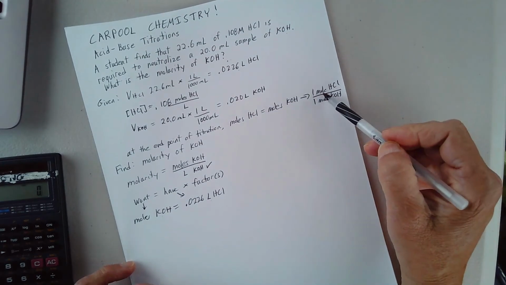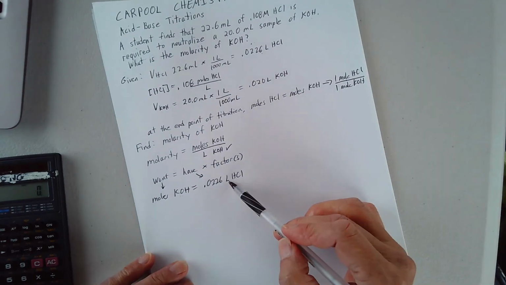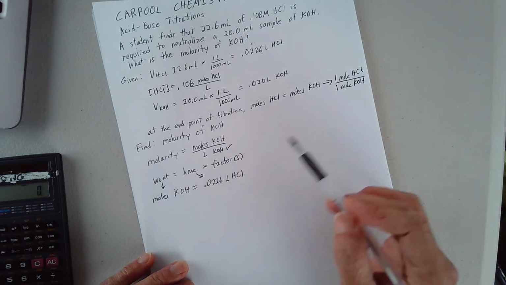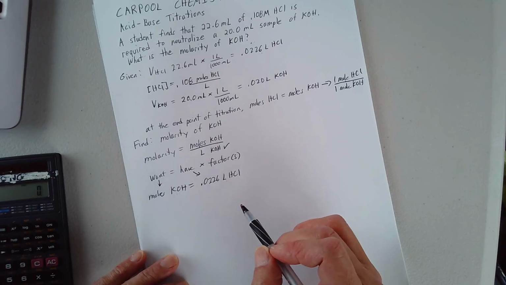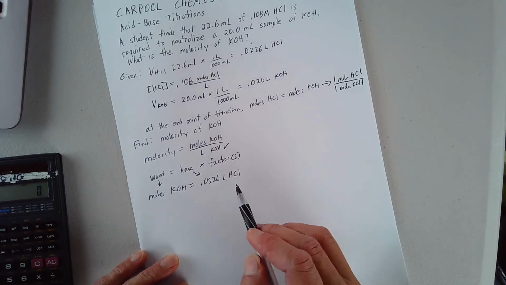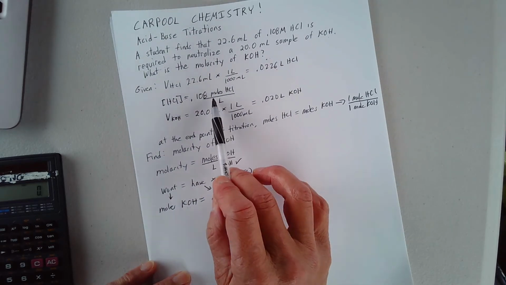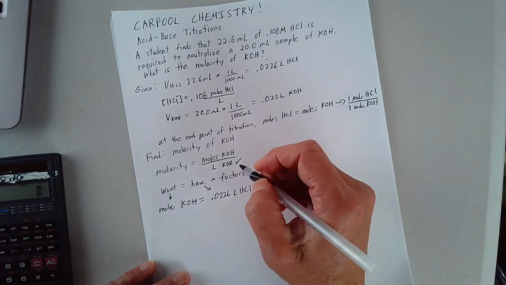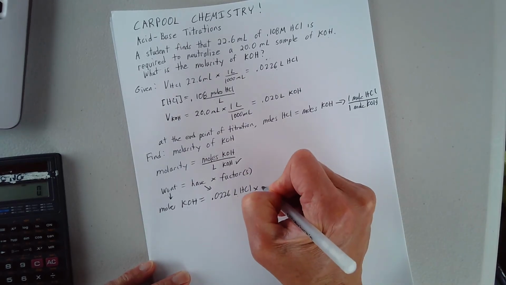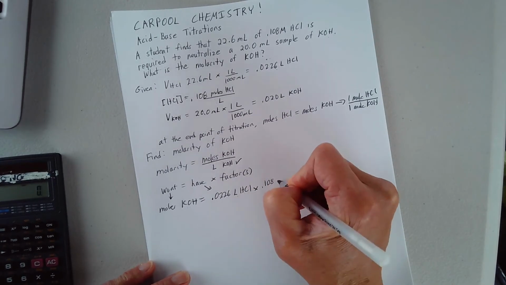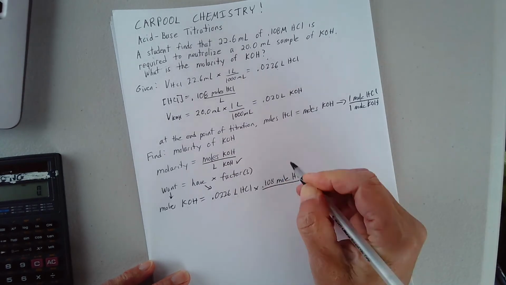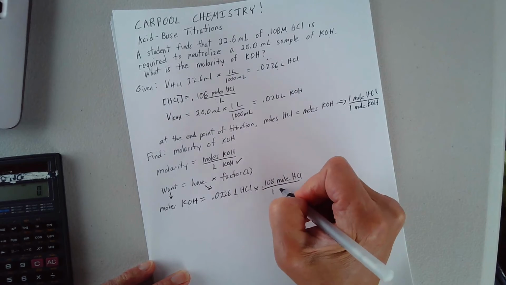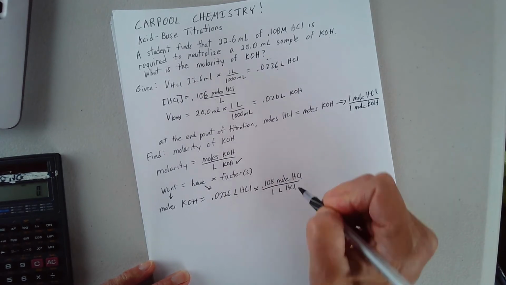But this is in moles. What we have over here is liters of HCl, not moles of HCl. Can we convert liters of HCl to moles of HCl first? We sure can, using this factor right over here. Times 0.108 moles of HCl for every 1 liter of HCl solution.